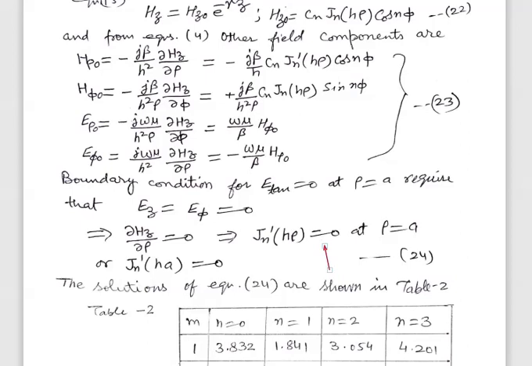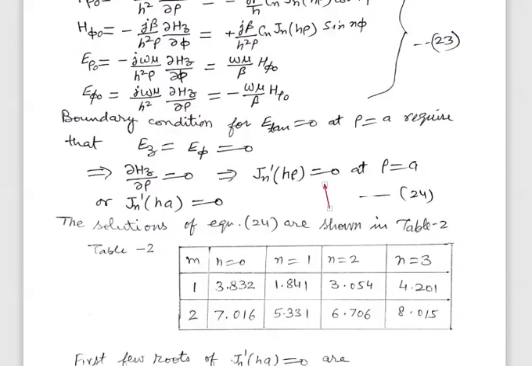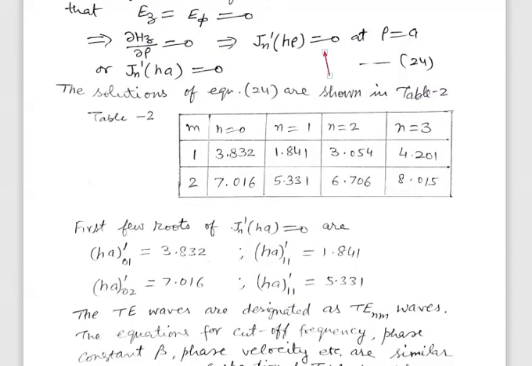So now the solutions of equation number 24 are shown in table 2. The first few roots are shown here for the order n equal to 0, 1, 2 and 3.